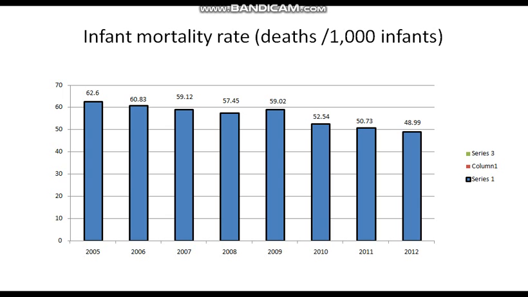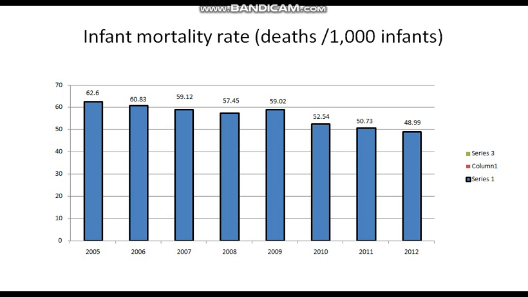And the chart is here. Infant mortality rate, deaths per 1,000 infants. That is the rate of mortality and death. Mortality or birth is counted against per 1,000.